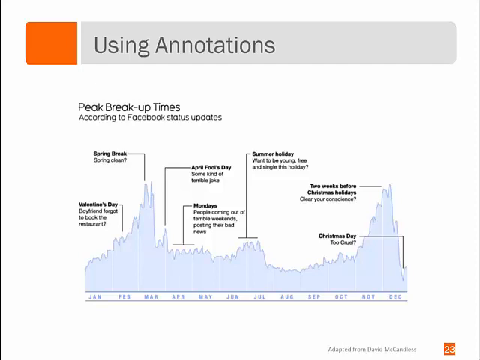So let's take a look at some of these annotations. So we see there in February, Valentine's Day. We see an upward trend there, or perhaps a little peak around February 14th or perhaps February 15th or 16th. Valentine's Day, boyfriend forgot to book the restaurant. Perhaps it's equivalent, the girlfriend forgot to book the restaurant.